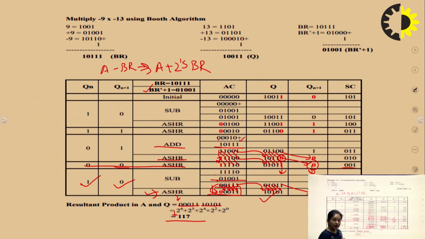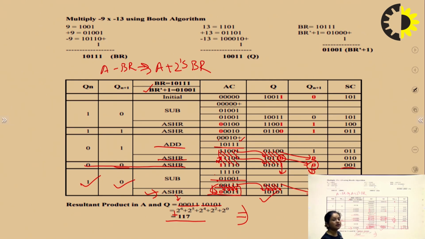One needs to understand, suppose the value is minus 9 multiplied by minus 13. Okay. As we know, one is positive, one is negative. So, negative always wins. It will be minus 117. So the answer will be a little different. How will it be?